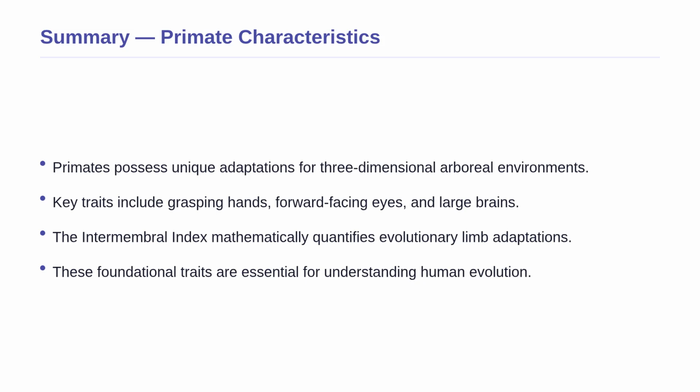Second, traits like grasping hands, forward-facing eyes, and large brains allowed our early ancestors to thrive and form complex social structures. Third, we learned that we can quantify these physical traits using mathematical tools like the intermembral index, which traces the evolutionary journey from tree-dwelling quadrupeds to bipedal humans.